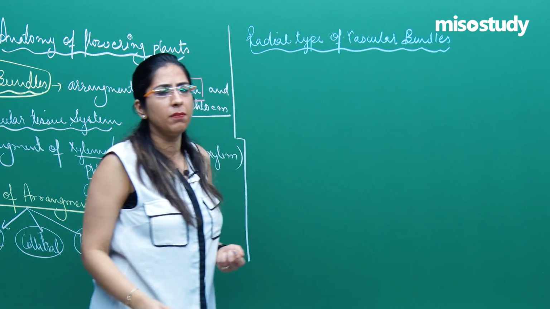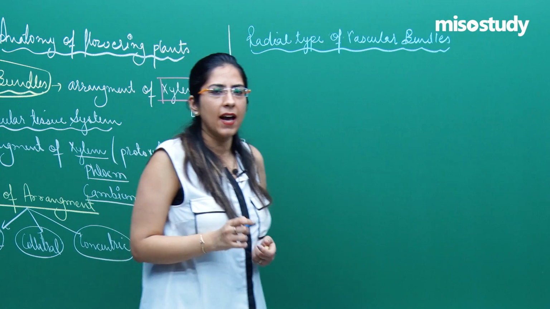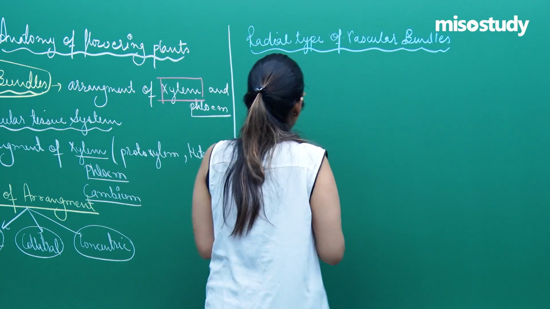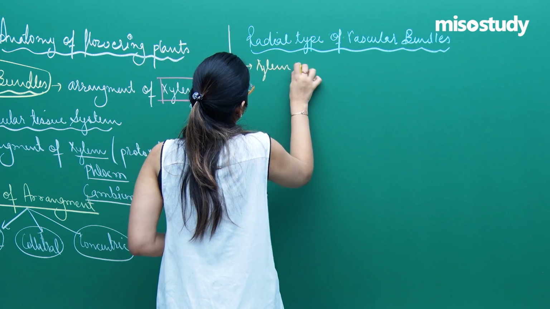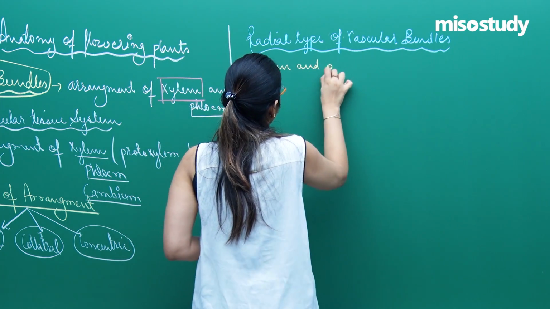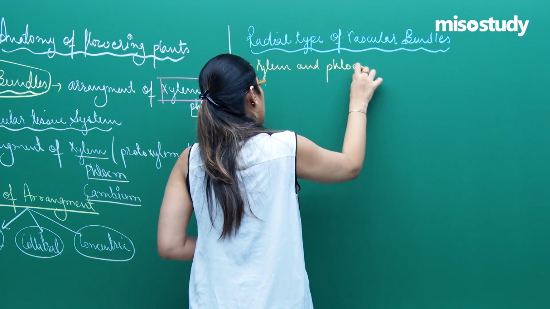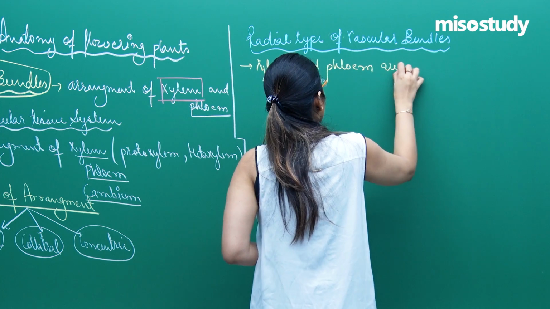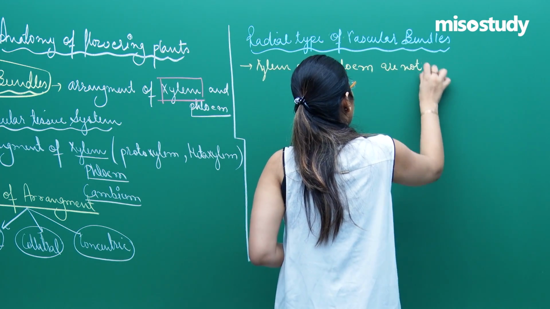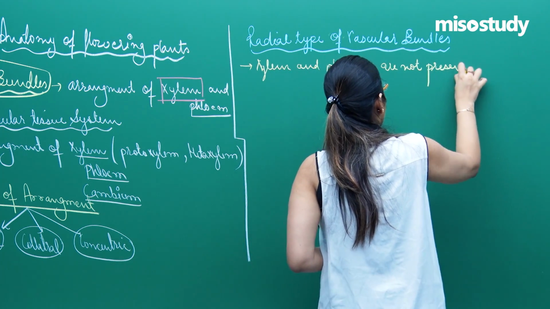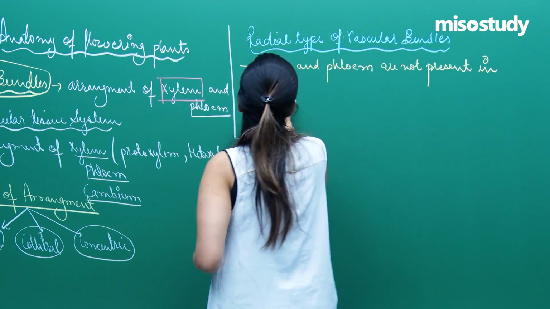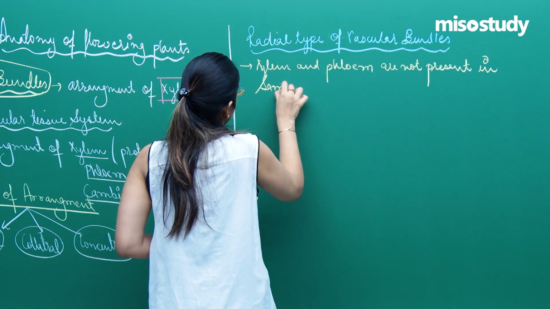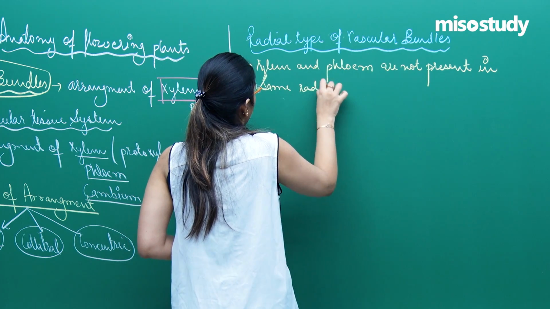Radial type of vascular bundles means that the xylem and the phloem are not present in the same radii.